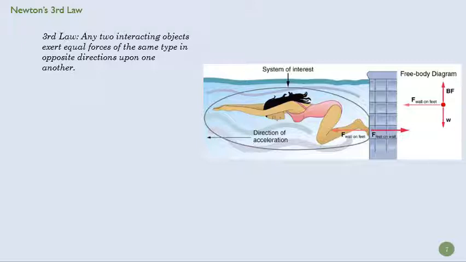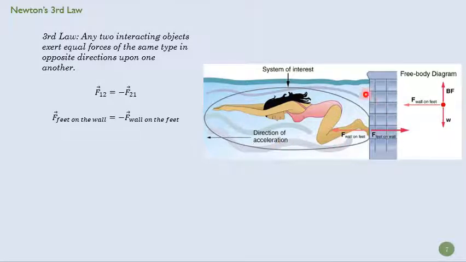The third law says that any two interacting objects exert equal forces of the same type in opposite directions upon one another. Okay, what does that mean? In equation form, it means this, that the force of 1 on 2 is equal to the vector opposite of the force of 2 on 1.